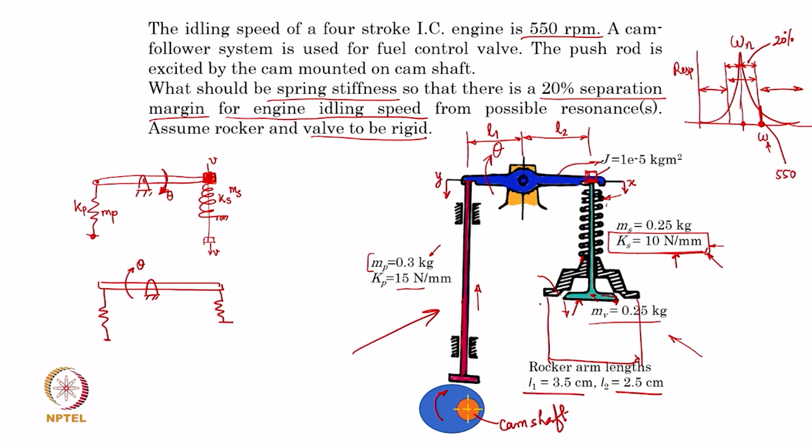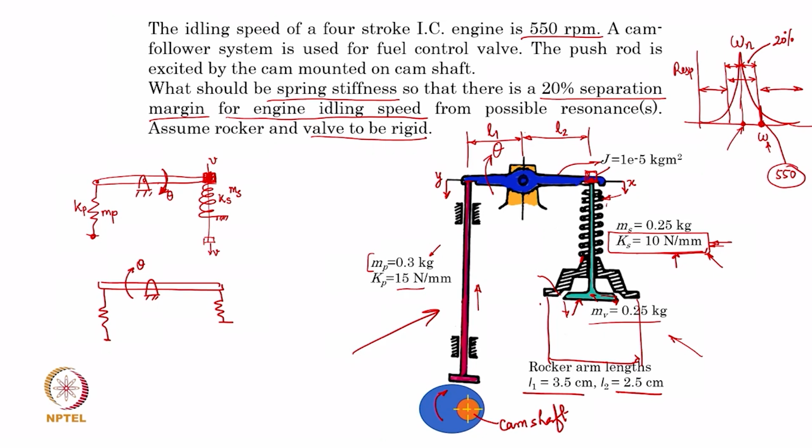I will have 20% difference in the two speeds, and then I will be safer. So, the natural frequency that I get by using this value of the spring stiffness should be 20% away from the excitation frequency of 550 rpm.